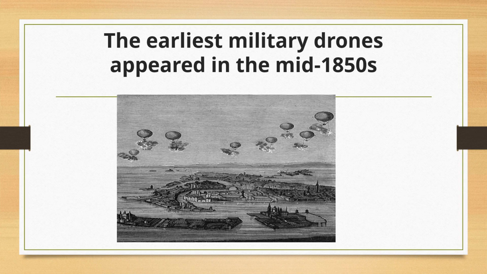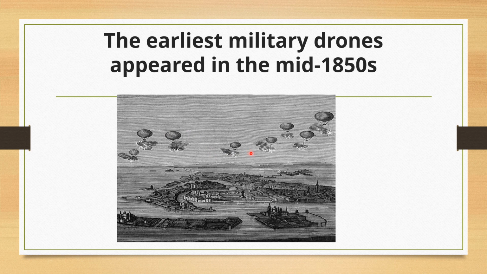So now let us discuss the historical aspects. In the mid 1850s, this is how military drones appeared. Drones were used in 1849 when Austria attacked Venice using unmanned balloons.